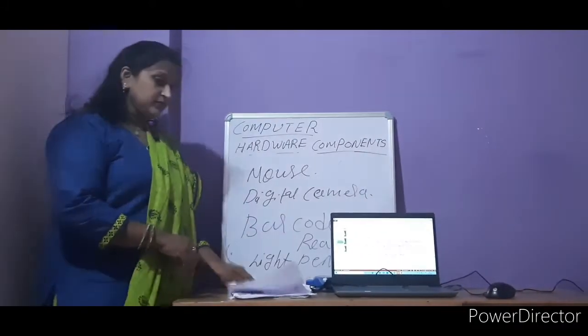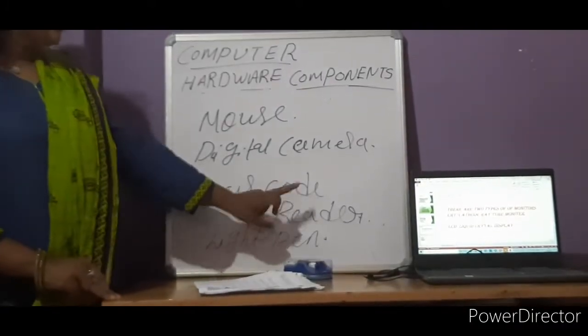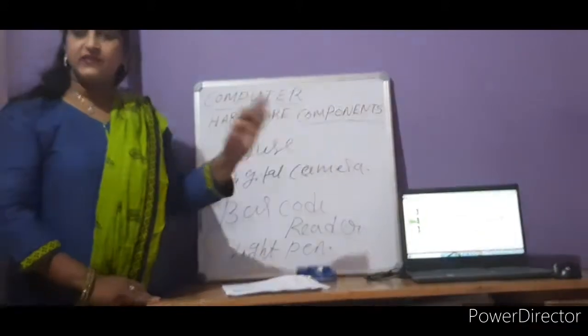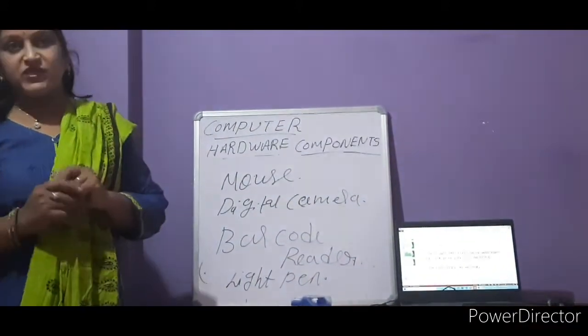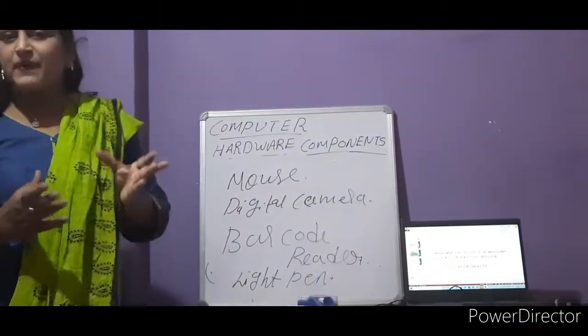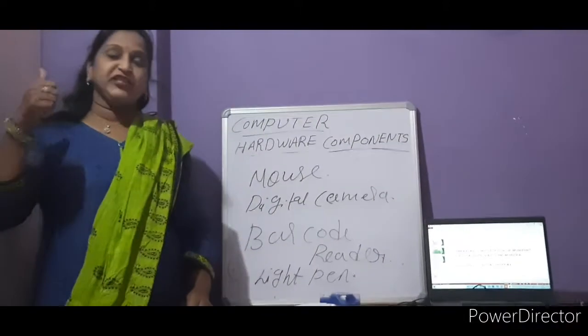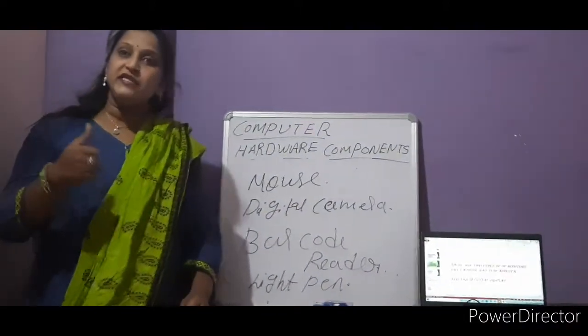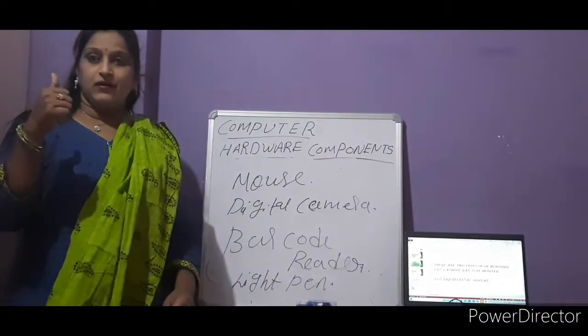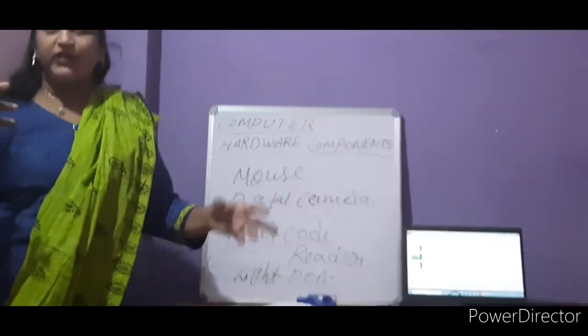Next we will study the barcode reader. A barcode reader is what you see when you go to big malls like Big Bazaar. They catch the item with it, and it is very easy to see the price of whatever food things we have taken.